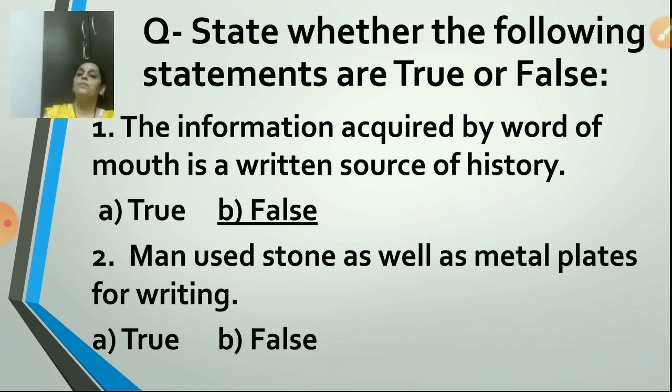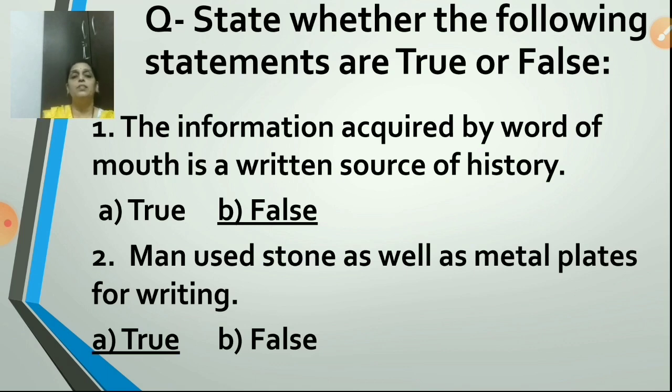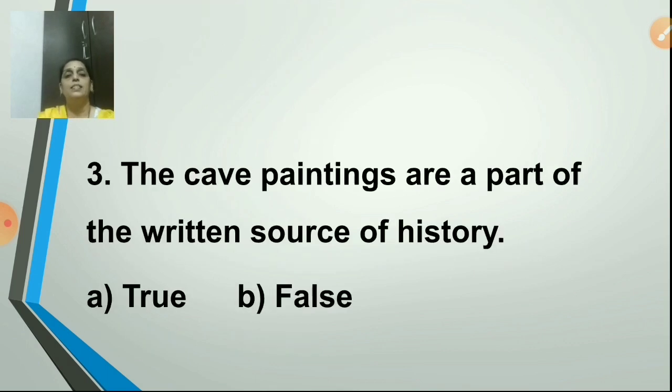Second, man used stone as well as metal plates for writing. A true, B false. A true. Very good. Next, the cave paintings are a part of written source of history. A true, B false. False.